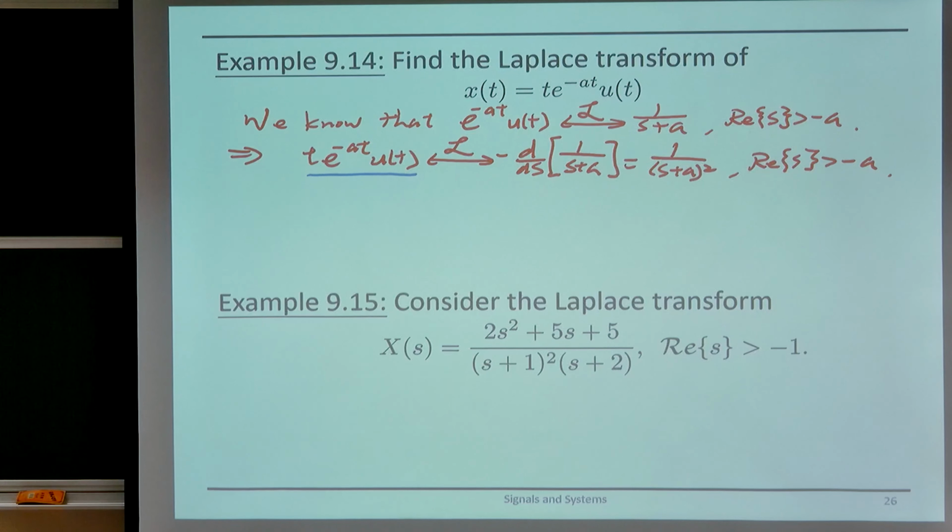So by applying that property again, we find that minus t squared e to the minus at u of t has a Laplace transform that is the derivative of 1 over s plus a squared.